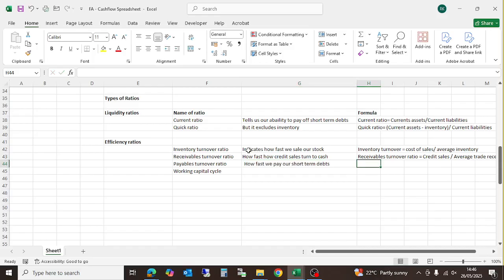So the formula will be, writing it in full: payables turnover ratio is equal to our credit purchases divided by the average payables.